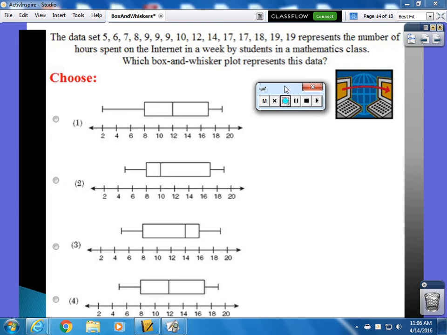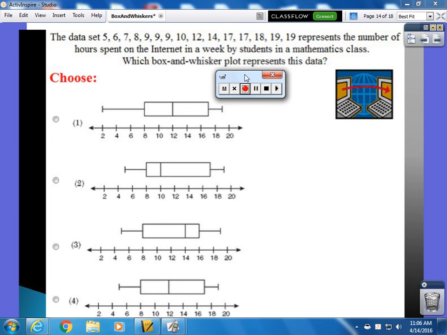When you want to make a box and whisker plot, you can do this with paper and pencil. We'll be using the graphing calculator in class. So you take all those numbers, and there's 15 of them, and add them all up. Then you divide by the number 15. And that gives you your average.